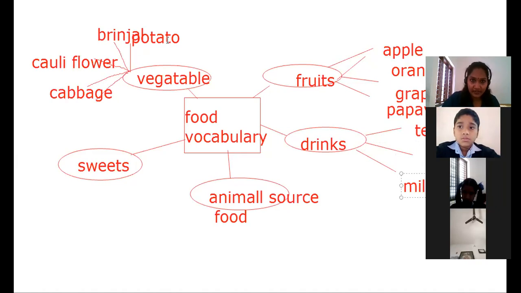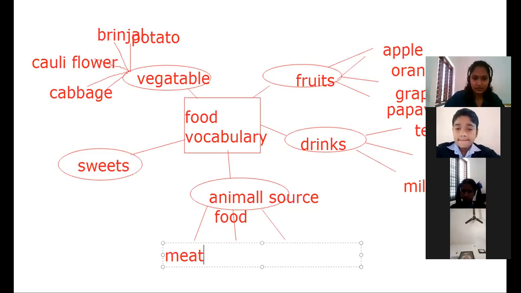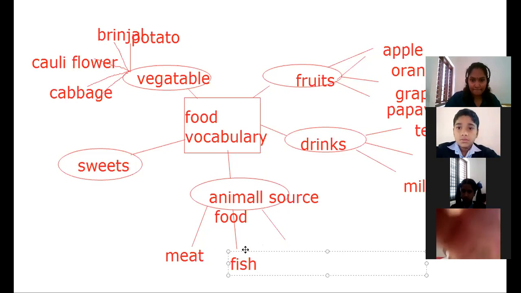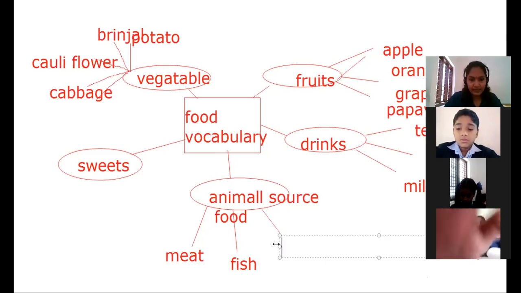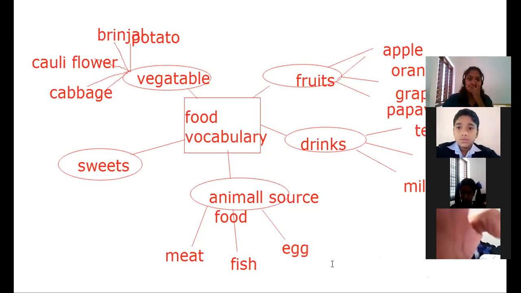I'm not going to write everything now. Animal source food, we have egg, meat, I mean chicken, pork, or beef, like that, right? What are the things given here? Yeah, meat, chicken, fish. Meat, animal source food, fish, then egg. These are animal source food.